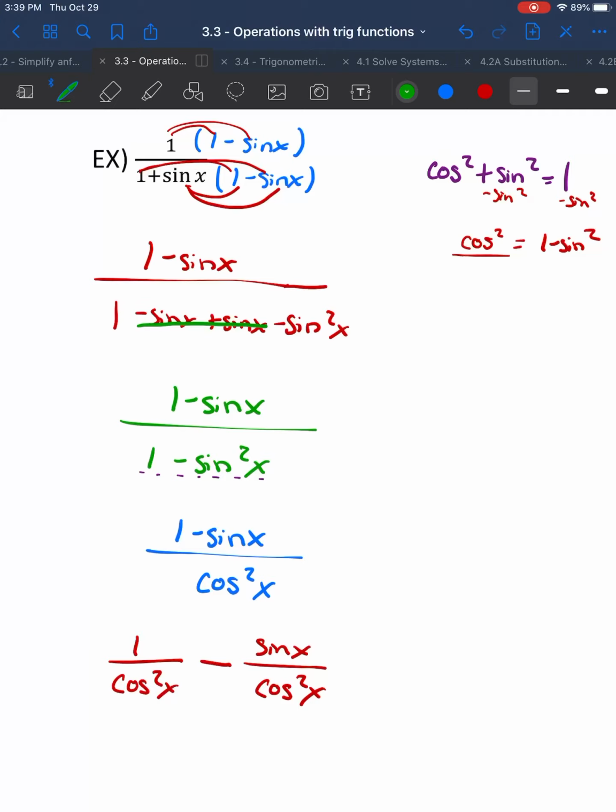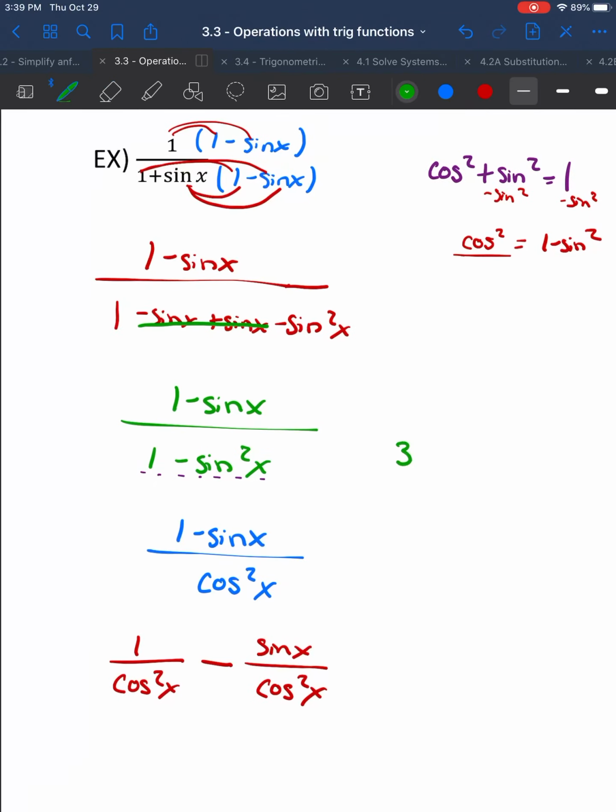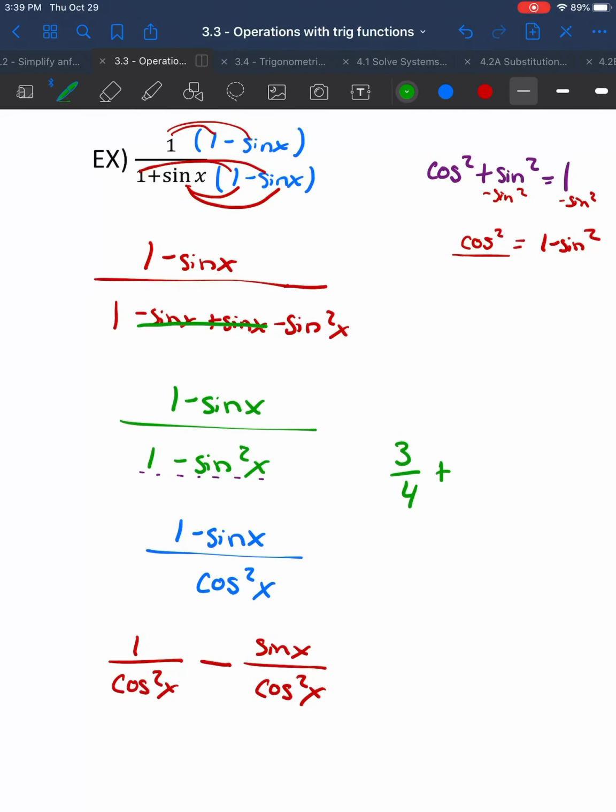Here's why. Just watch: if I have 3/4 plus 2/4, we add fractions by adding the numerators together and keeping the denominator. So what I'm doing here is just doing the reverse effect.